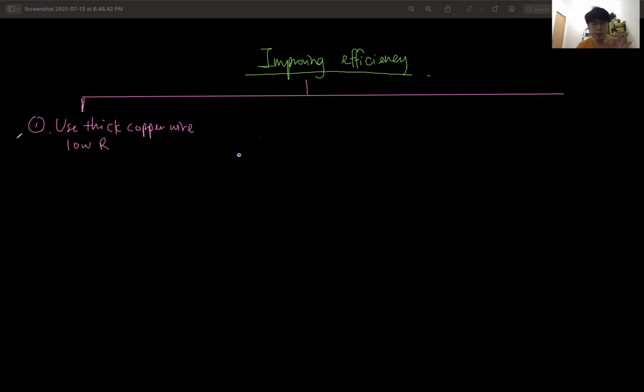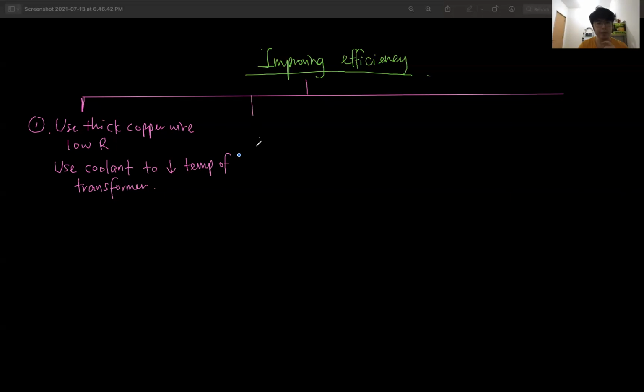Why low resistance? Because we want to decrease the heating. If you have high resistance, then high heating. And sometimes we can use coolant to decrease the temperature of the transformer.